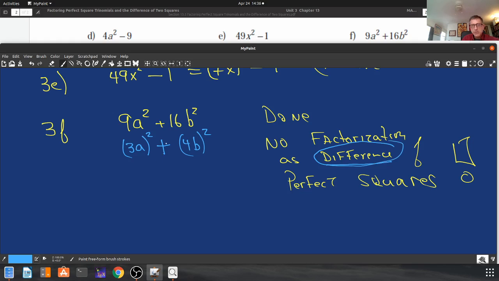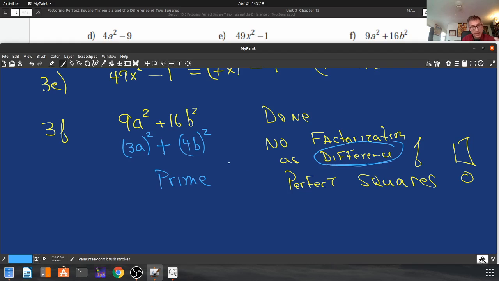So as soon as you see some other sign besides the minus sign there, it cannot have that factorization. And in this case, it's prime. There is no other factorization that I can do. 9a squared plus 16b squared is a prime polynomial in the variables a and b.